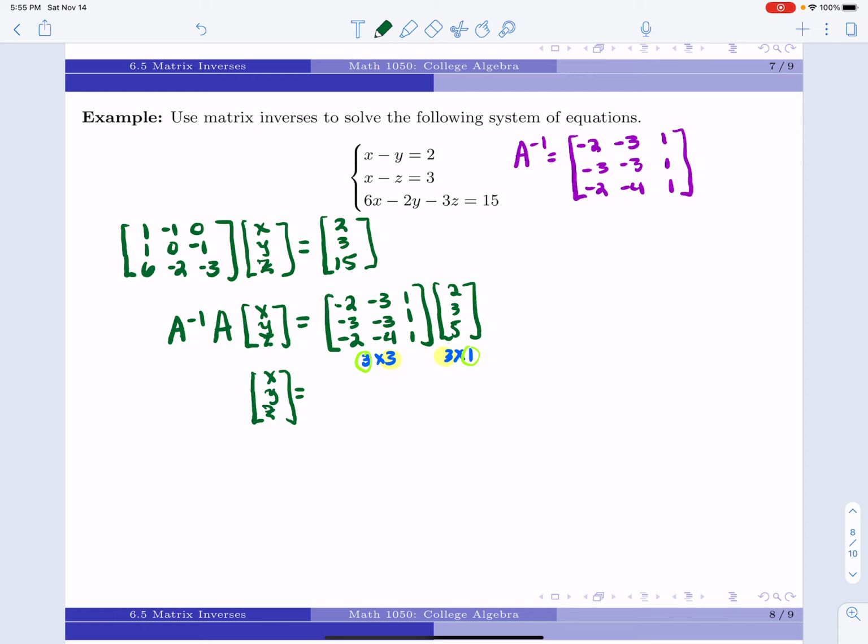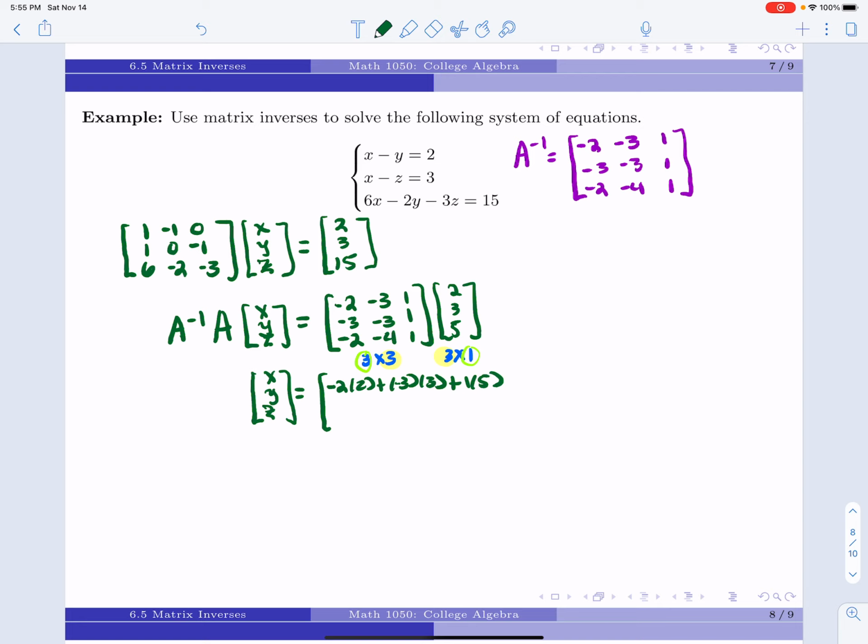So for our first row, first column, we're taking the first row of our first matrix, multiplying it onto the first column of our second matrix. So we get -2 times 2 plus -3 times 3 plus 1 times 5.